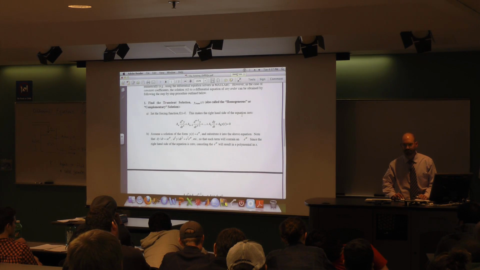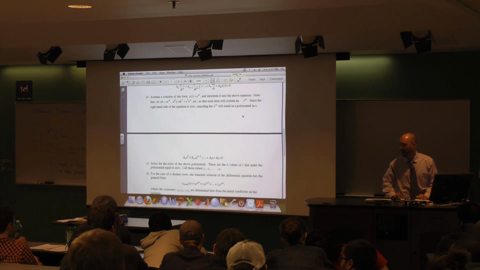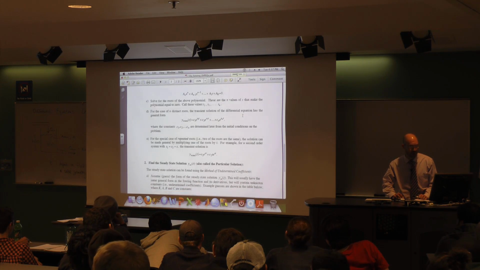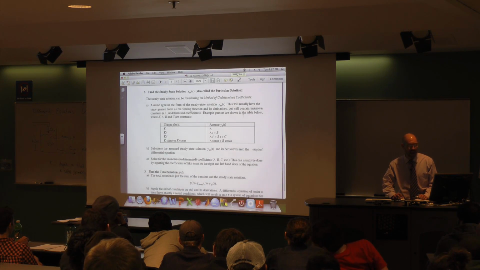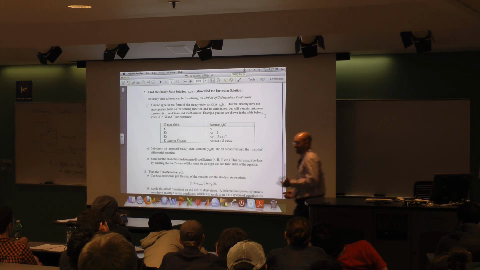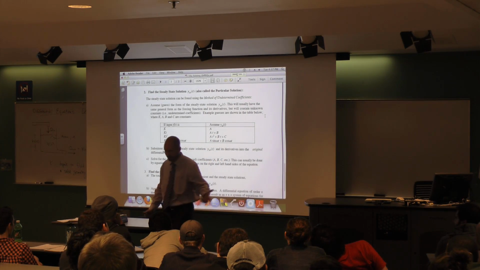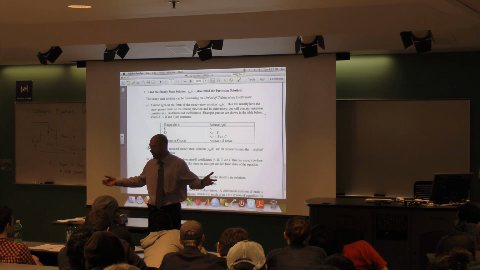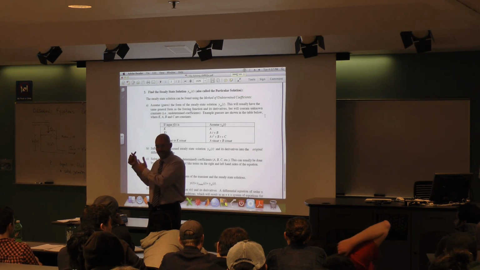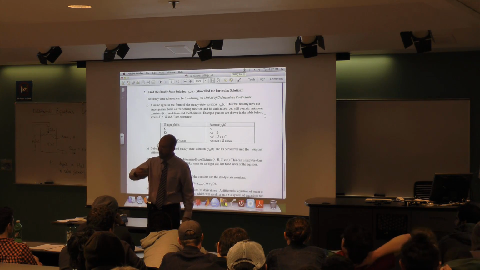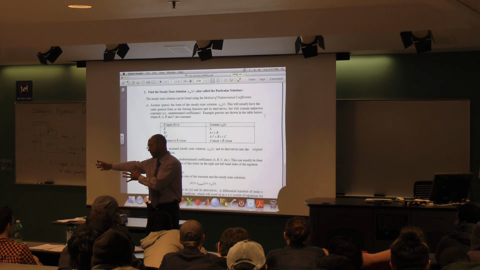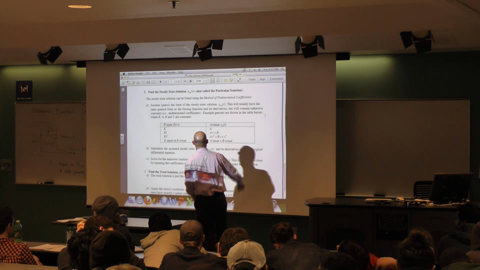It doesn't work like that. If the right-hand side is polynomials, can I add up sines and cosines to give me a polynomial? Doesn't work like that. So the point is, it's an engineering solution. What kind of function can I find that when I add it up gives me the same function on the other side?